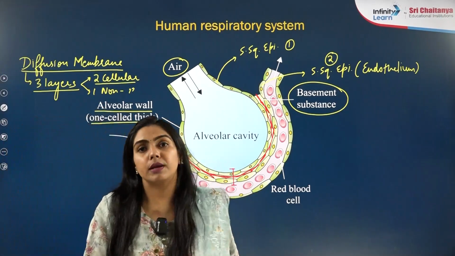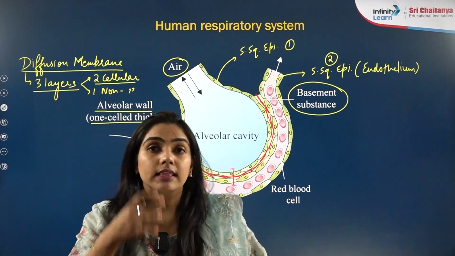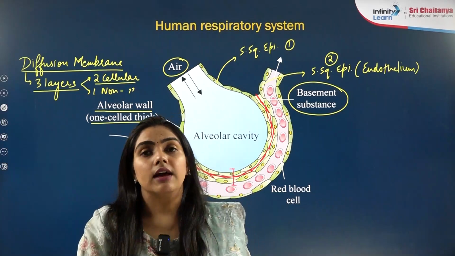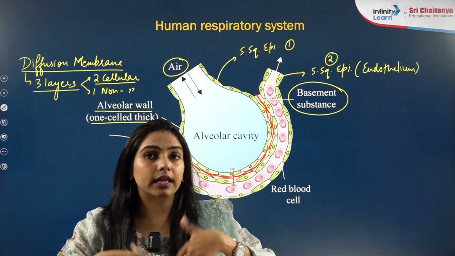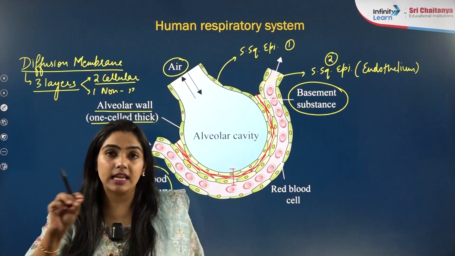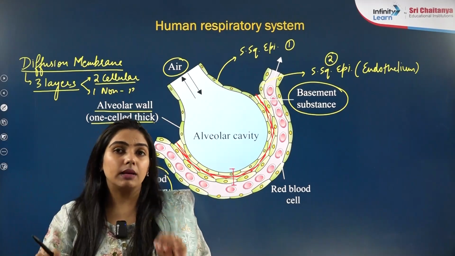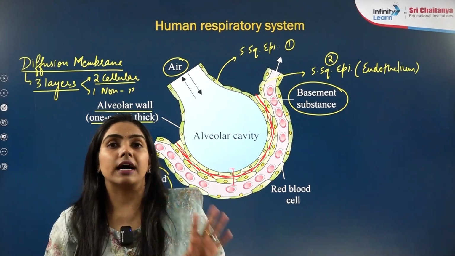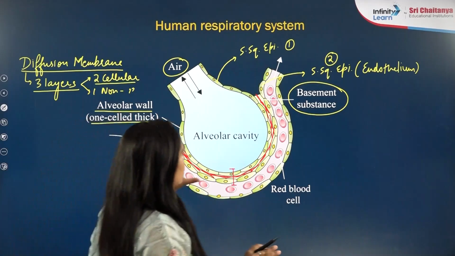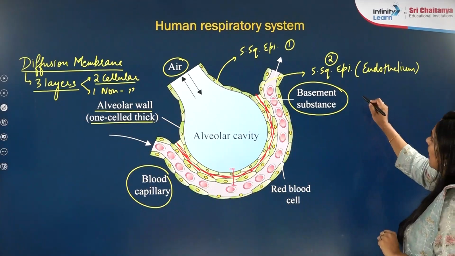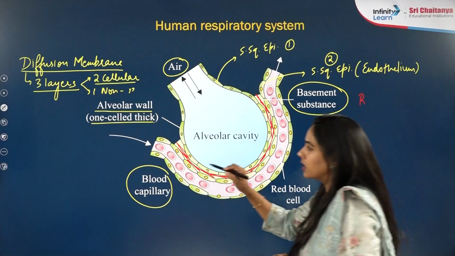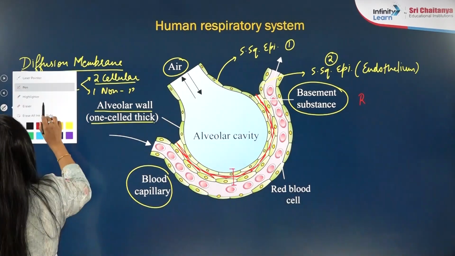If the diffusion membrane thickness is more, then the exchange of gases will occur at a slow rate. But if the thickness of the membrane is very less, then it will occur at a very fast rate. So the exchange of gases occurs through the diffusion membrane, and the rate of diffusion depends upon three factors.